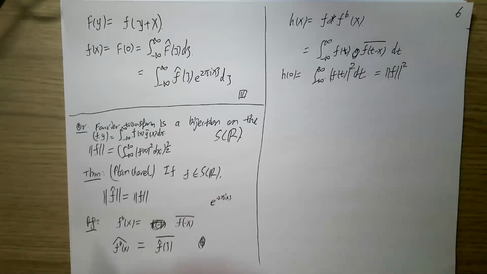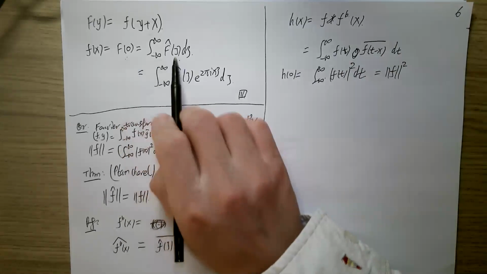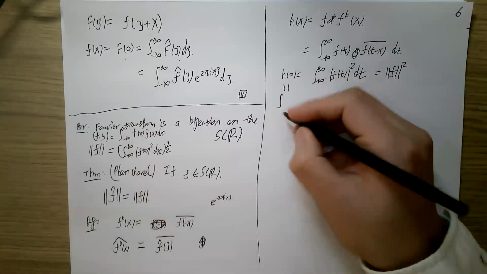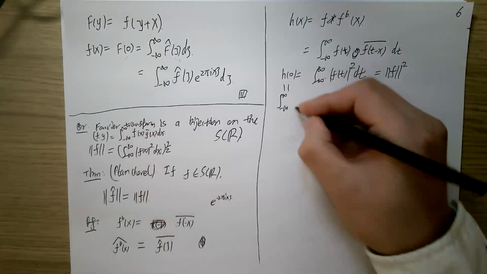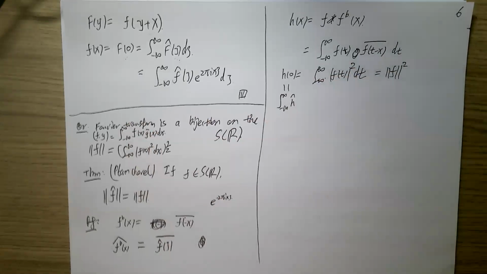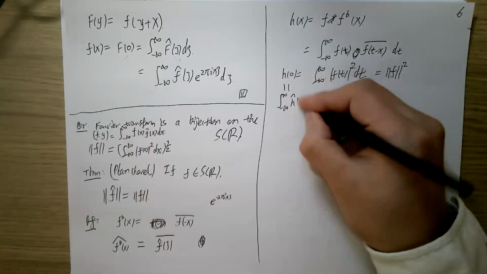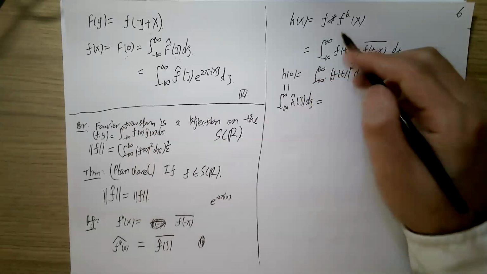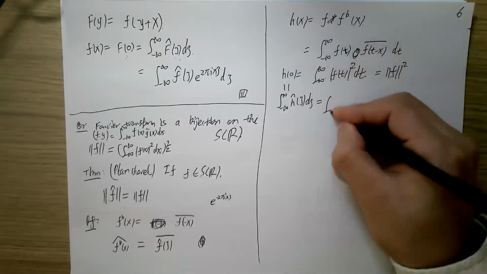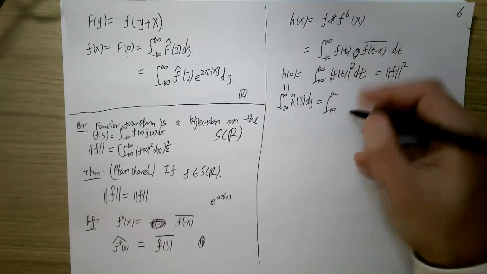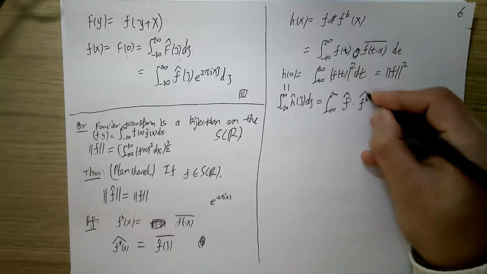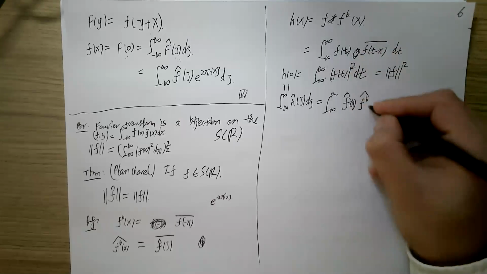But we know that this is true, right? h(0) is the integral from minus infinity to infinity of h hat of ξ dξ, which is a convolution, so we can bring it back, and it's f hat times f_b hat of ξ.